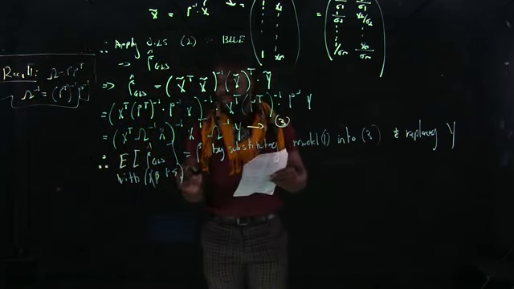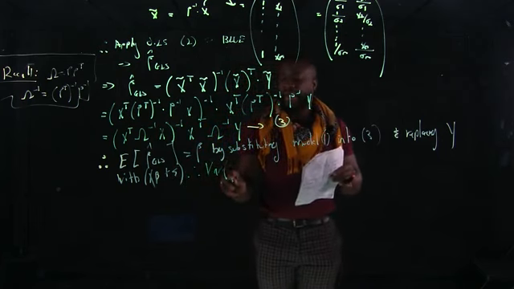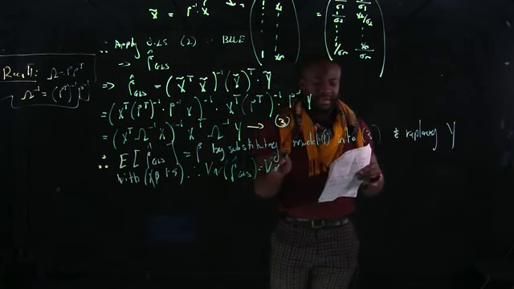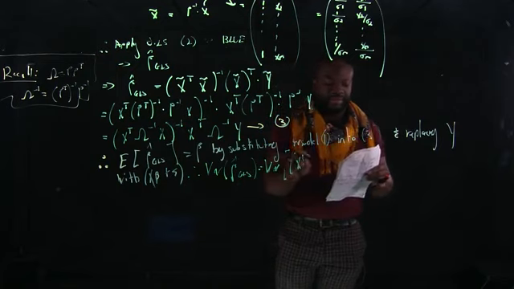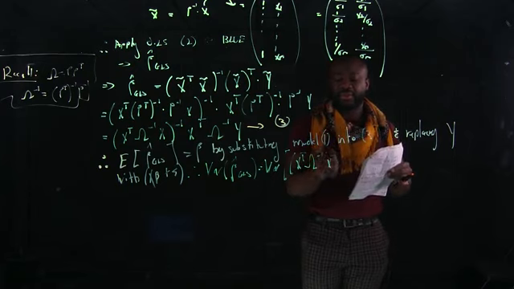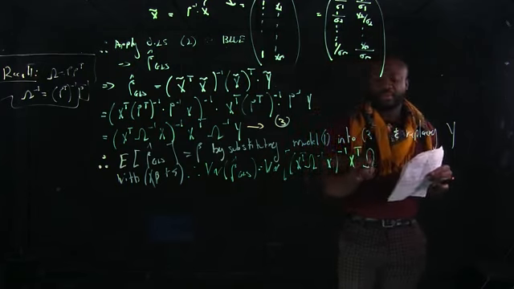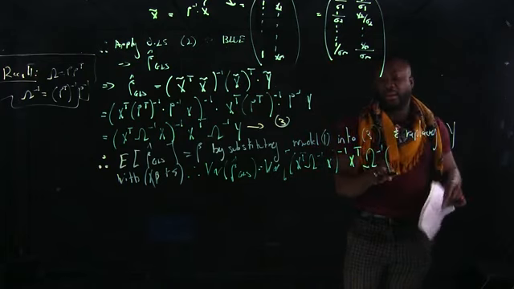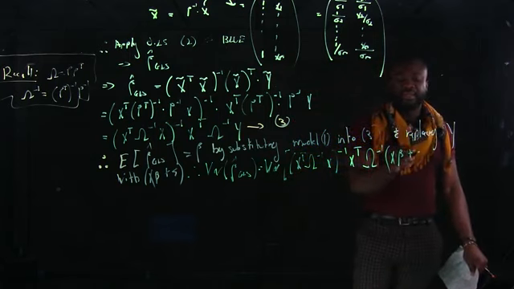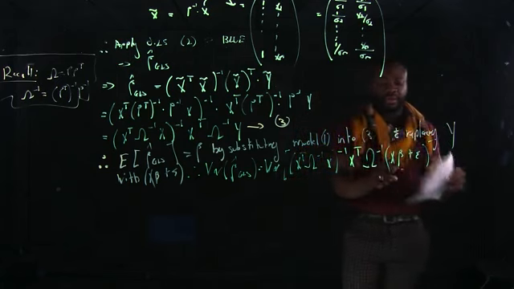If we do that, then the variance of beta hat GLS equals the variance of x transpose omega inverse x inverse x transpose omega inverse. Now we replace y with x beta plus e, from model number 1.